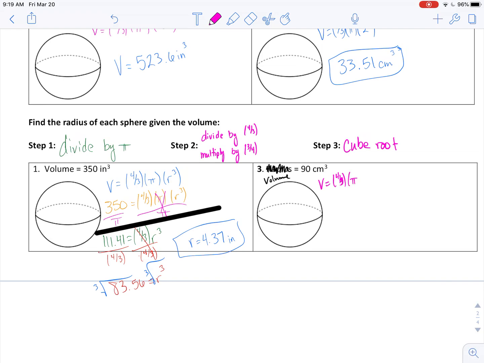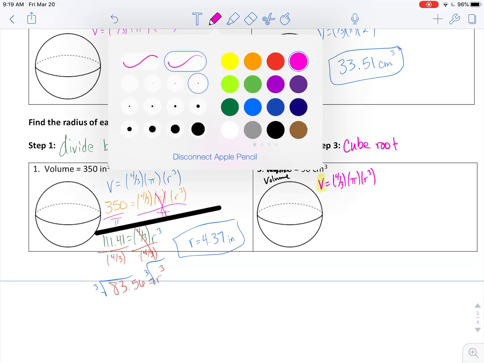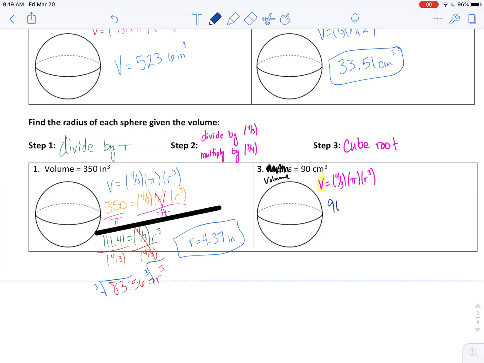Volume equals 4/3 pi r cubed. And where am I going to substitute in the volume? Where does the volume go in this equation? Well, it goes in for V. So 90 equals 4/3 pi r cubed.